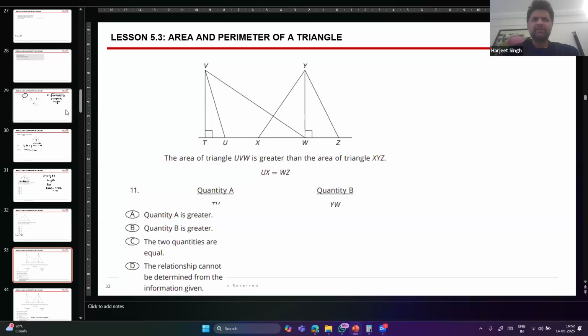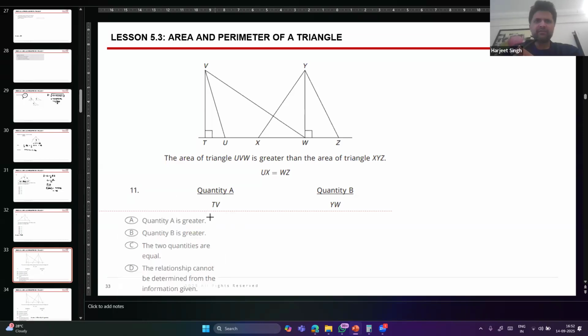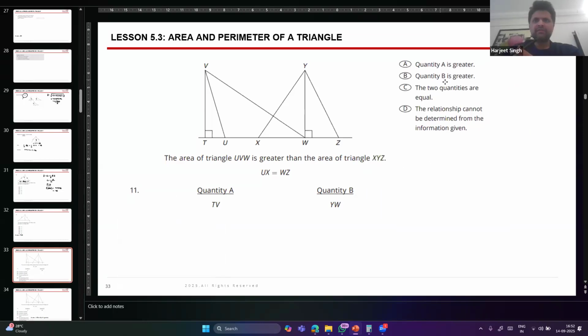Next, a slightly more complicated problem. So we've been asked the area of triangle UVW. In fact, it's a statement. Area of triangle UVW is greater than area of the triangle XYZ.